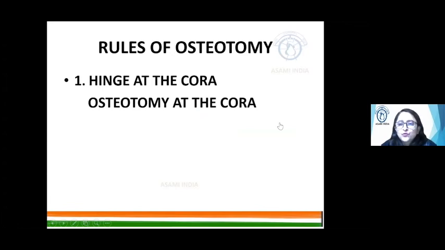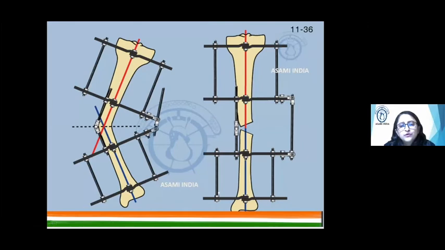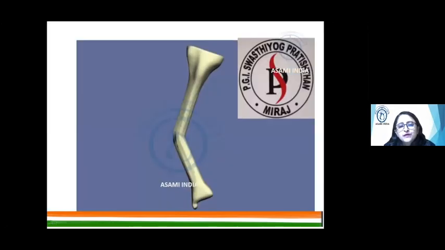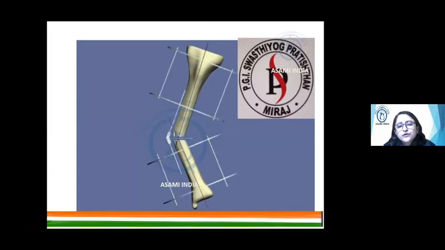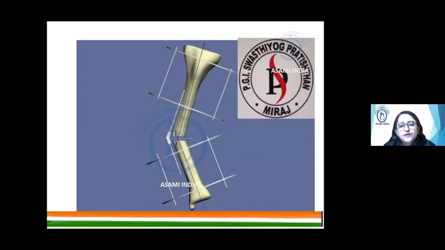Osteotomy rule 1 is: place the hinge exactly at the CORA and do the osteotomy also at the CORA. Absolutely ideal situation. So this is osteotomy rule 1. I already showed you this animation, this hinge, and this animation is showing osteotomy rule 1.